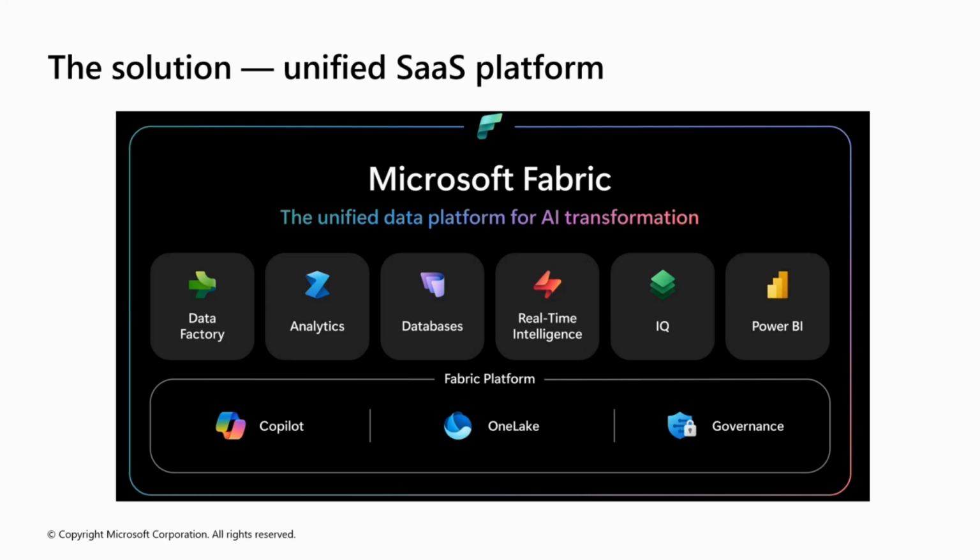So what is Microsoft Fabric? Microsoft Fabric is a unified SaaS platform that brings together data engineering, data warehousing, real-time intelligence, data science, and business intelligence into a single product. Unlike the traditional approaches where organizations are stitching together services from multiple vendors, Microsoft Fabric is giving you one integrated platform experience.